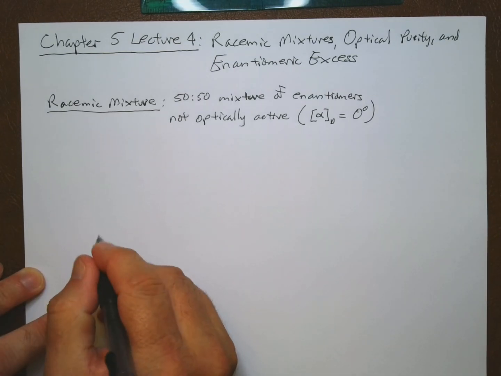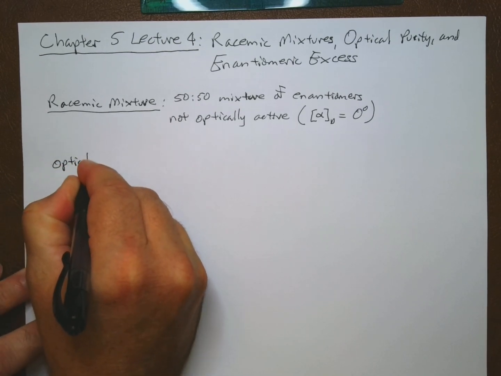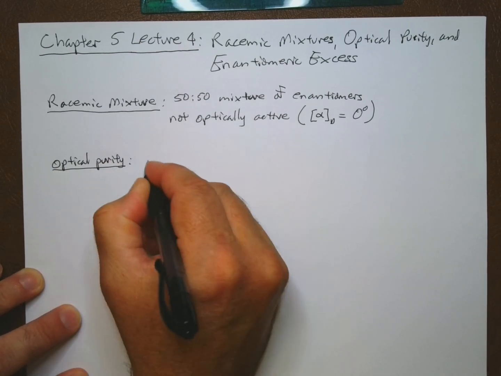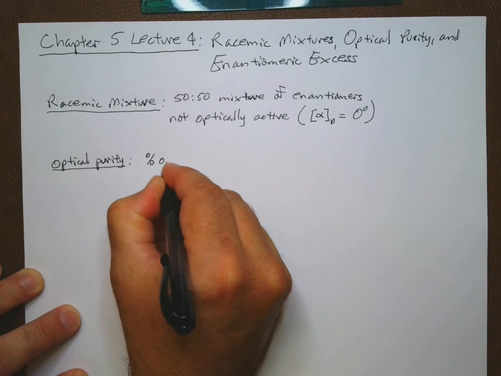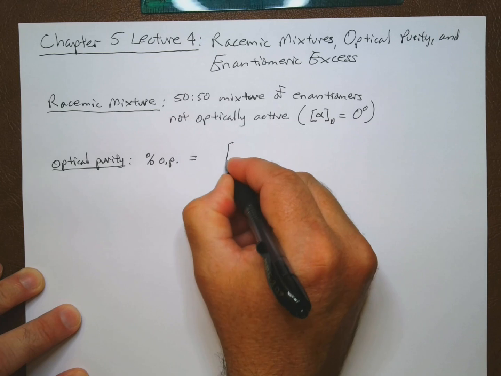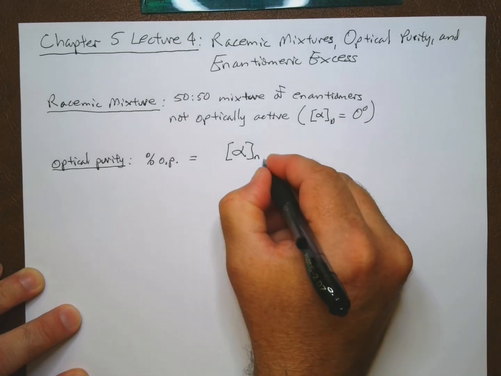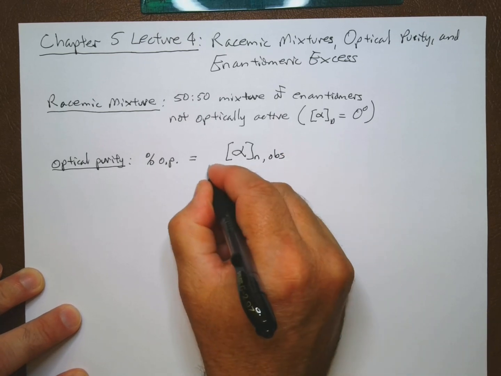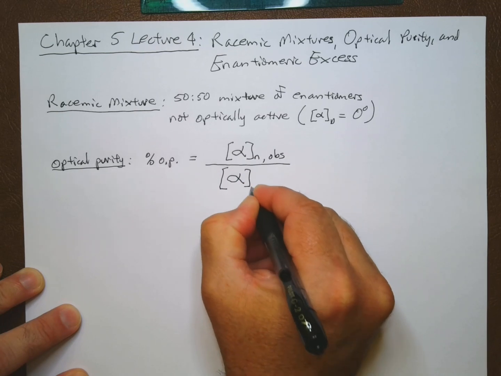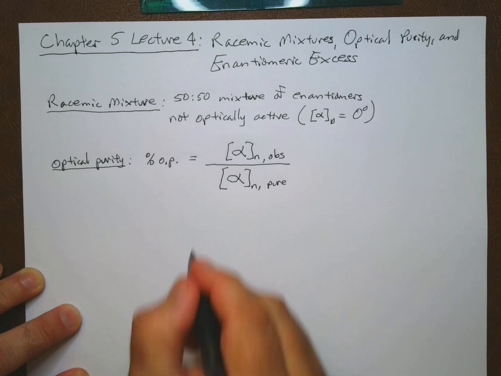So that brings us to the concept of optical purity. So our percent optical purity, I'll just abbreviate that, OP, is going to equal our observed specific rotation divided by the specific rotation of the pure compound.